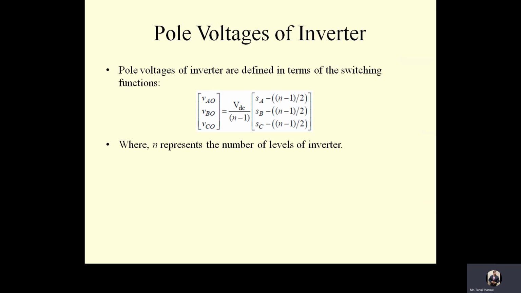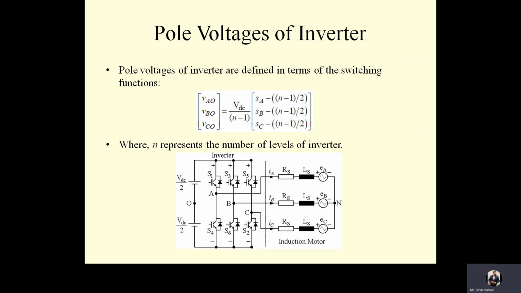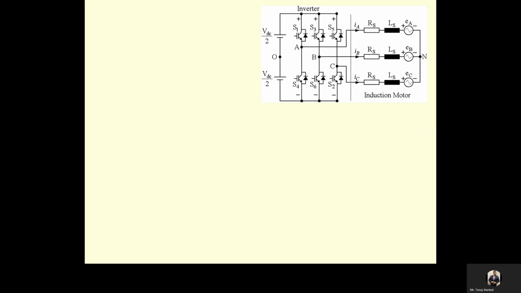Now let's consider an induction motor with a star-connected stator connected to the output terminal of the inverter. The inverter pole voltage can be represented in terms of the phase to motor neutral point voltage and the motor neutral to inverter DC link neutral point voltage.